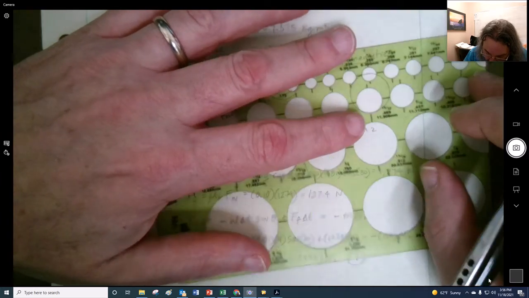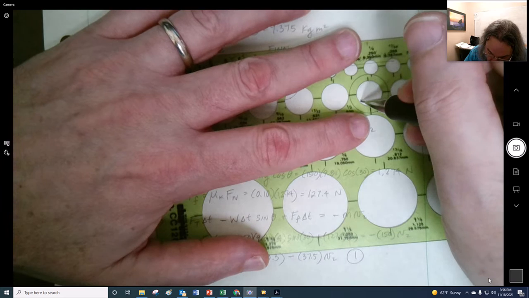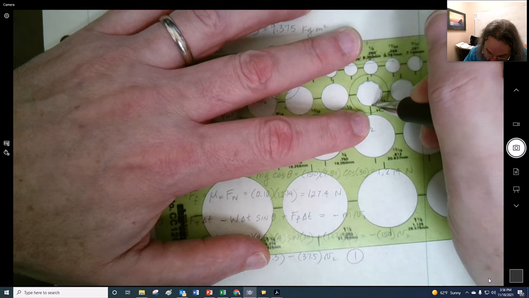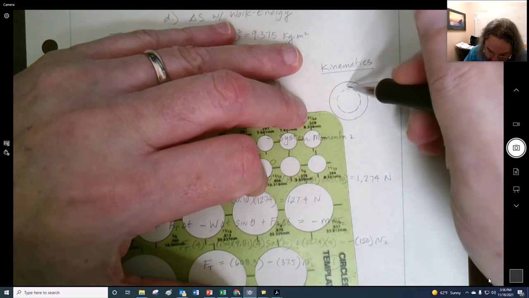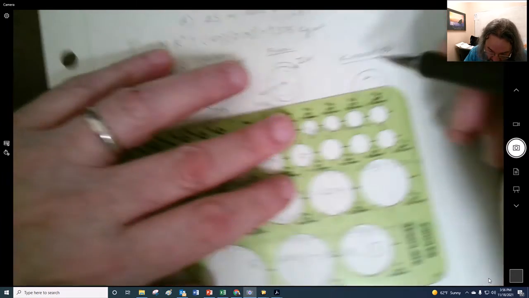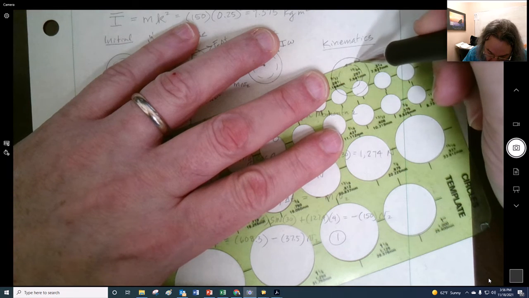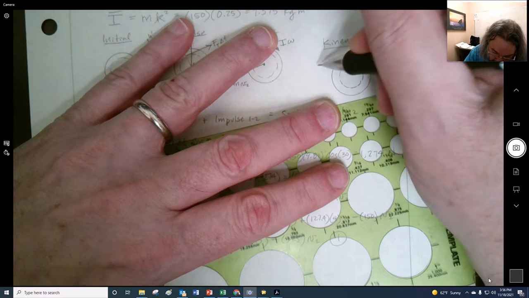All right, so in this piece right here, with our kinematics, instead of the ICR being here, because it's slipping, the ICR is actually right there because that's where the cable goes, right? So this is the ICR.